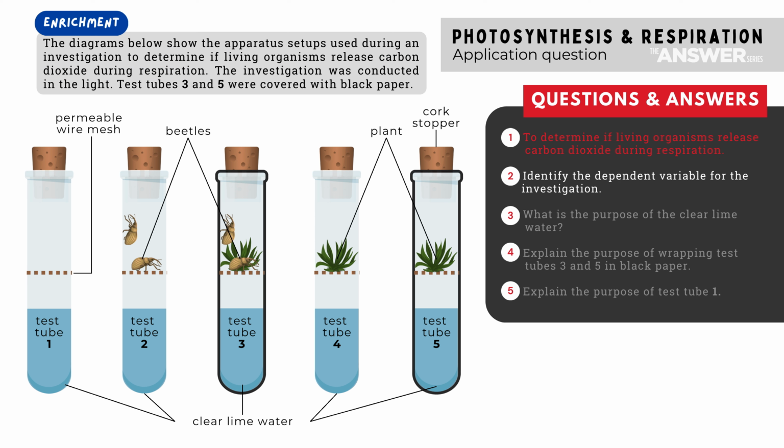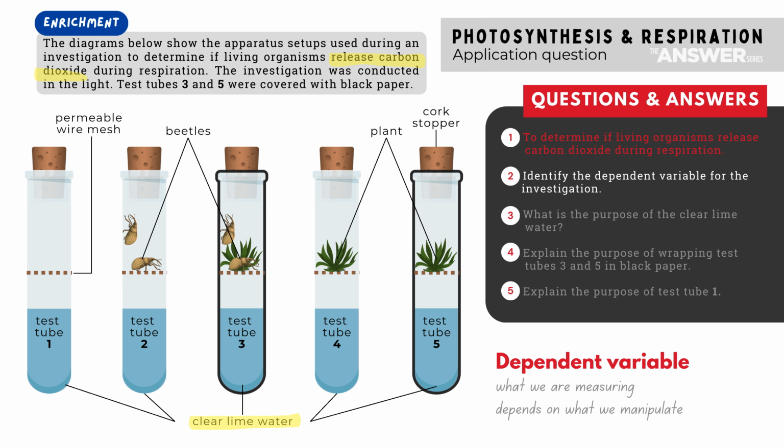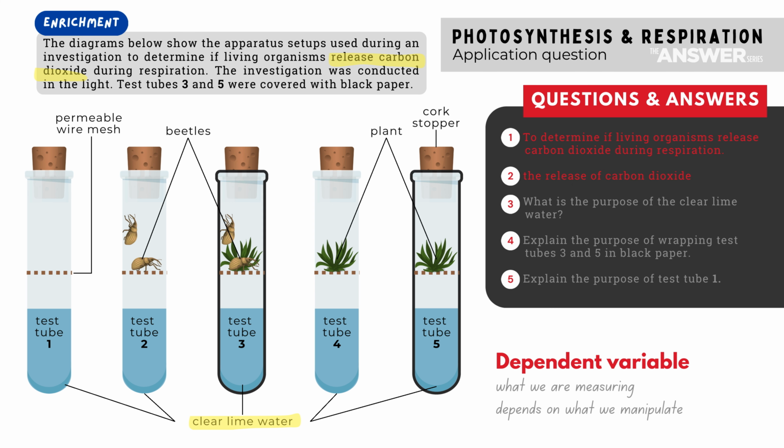Question 2. Identify the dependent variable for this investigation. Now, in order to do this, we have to look at the aim that we've just written down. A dependent variable is always the thing that we are measuring. It depends on what we manipulate. So if we look at our aim, we want to determine if carbon dioxide is released. And the clear lime water is here to measure the release of carbon dioxide. So carbon dioxide's release is our dependent variable. It depends on whether there are living organisms to perform the respiration.